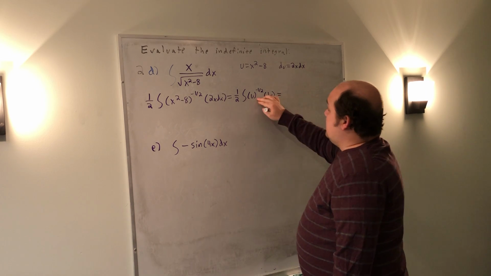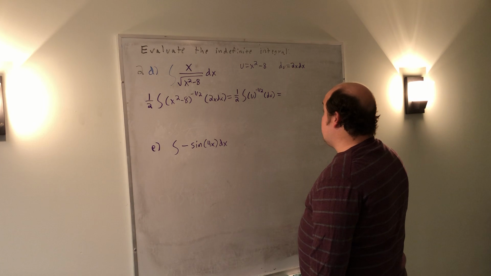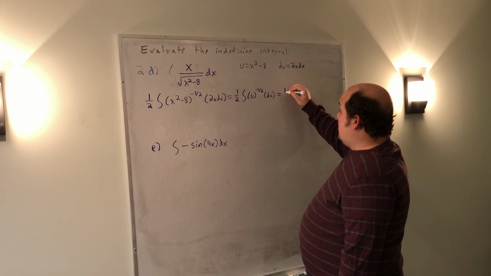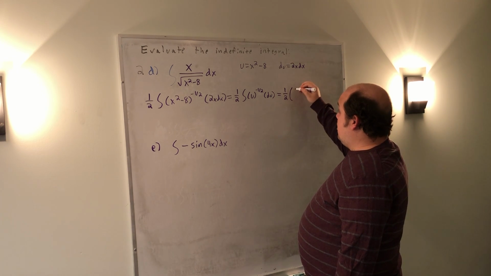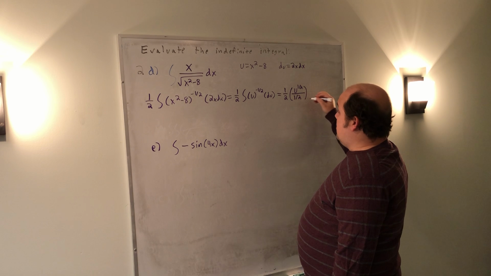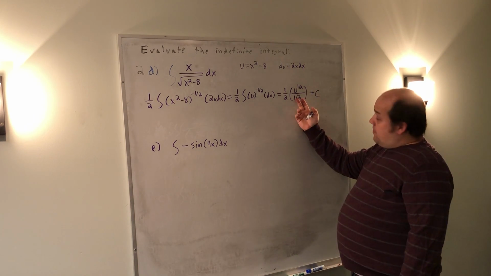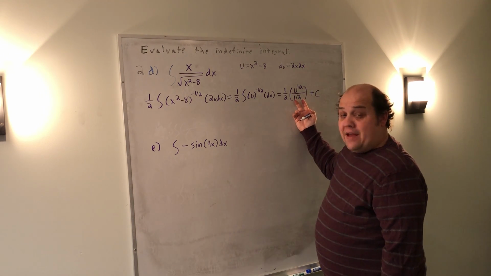When I integrate this u to the negative 1/2, I add 1 to it, which really means adding 2 over 2. So I get 1/2 still out front. U to the 1/2 is the new power, divided by 1/2 the new power, plus c. Dividing by 1/2 is like multiplying by 2.